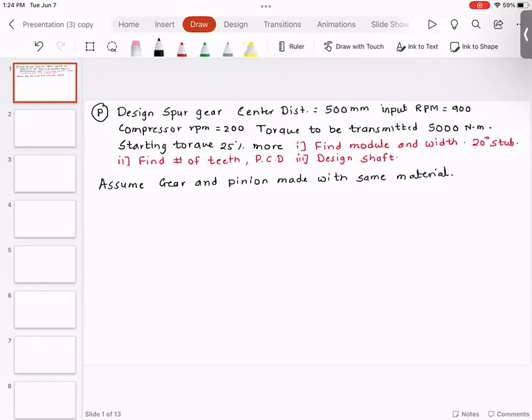And the reason for that is the pinion is weaker, and we will design the pinion.